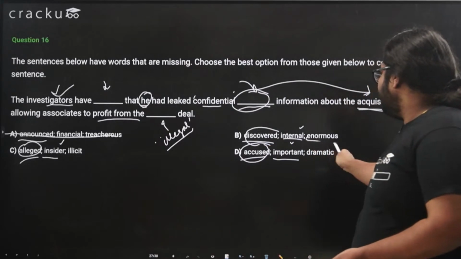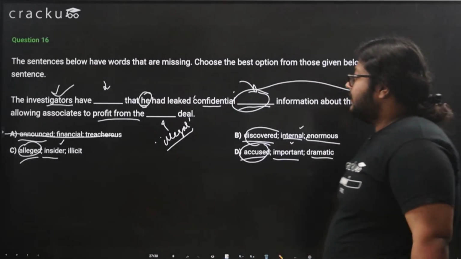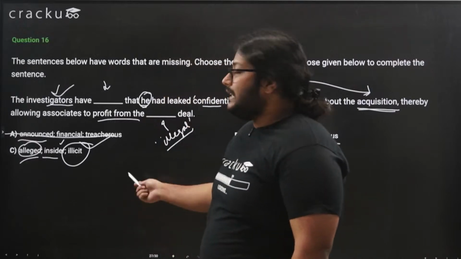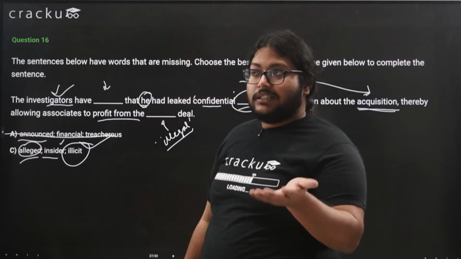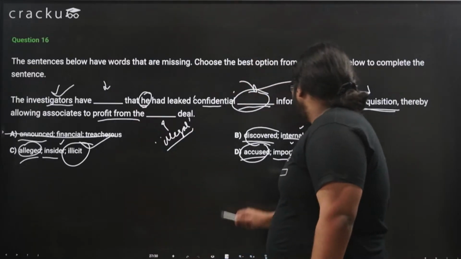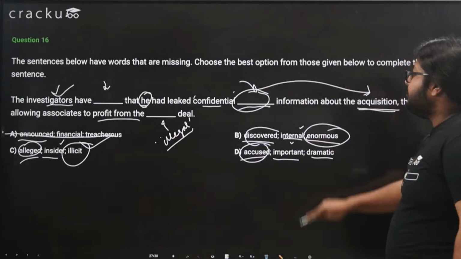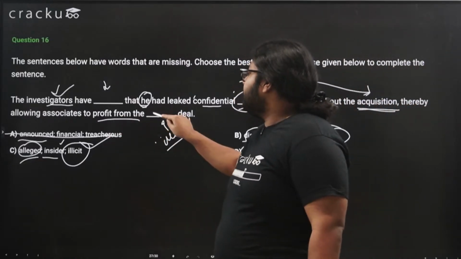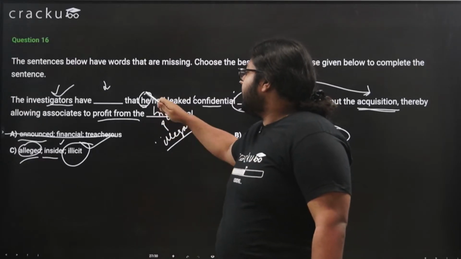Illicit, enormous, dramatic. Clearly illicit is the correct choice, because illicit means something which is not legal, something which is not licit, illegal. Enormous means big, allowing associates to profit from the big deal or from the enormous deal.